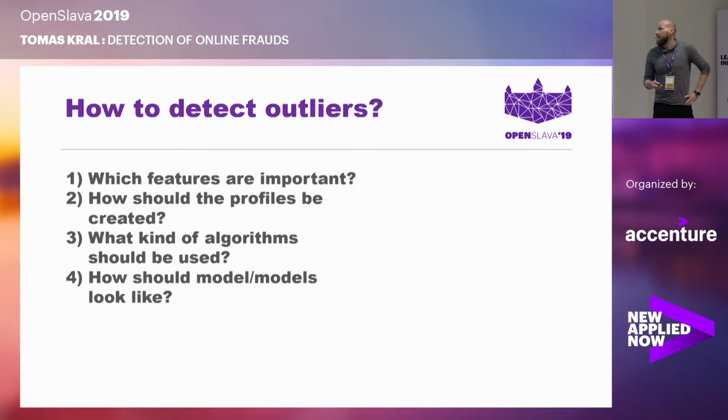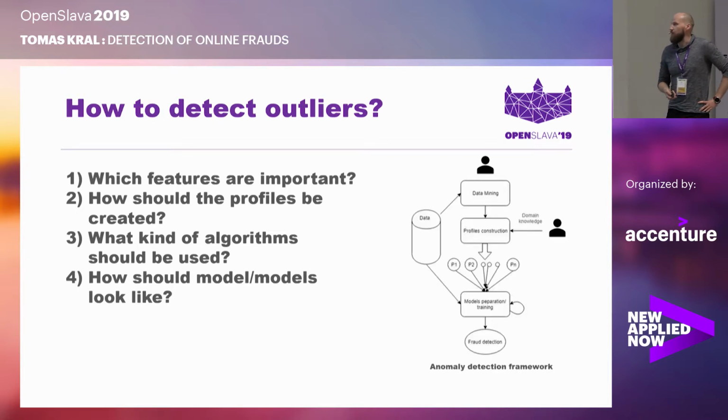Regarding this approach, there are the following important questions. Which features are important? How should we profile such normal behavior, what is important to store, what data, what kind of algorithms should be used, and how should the model look? These are important questions, and we can answer them only if we build an anomaly detection framework.